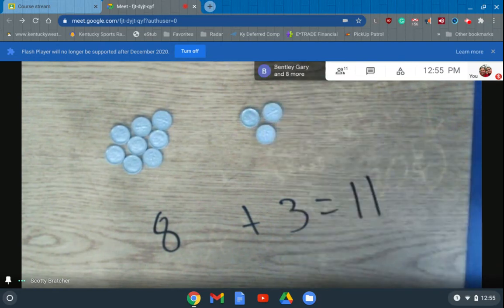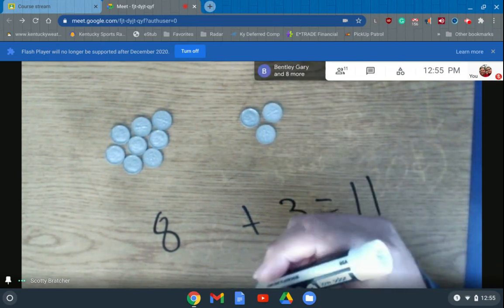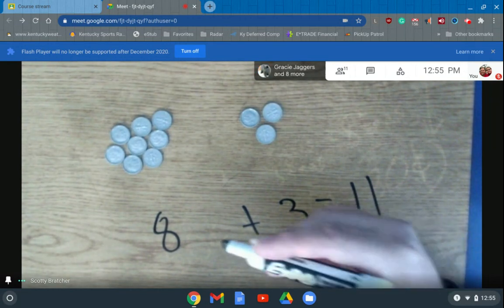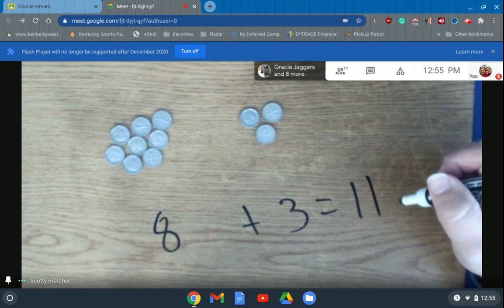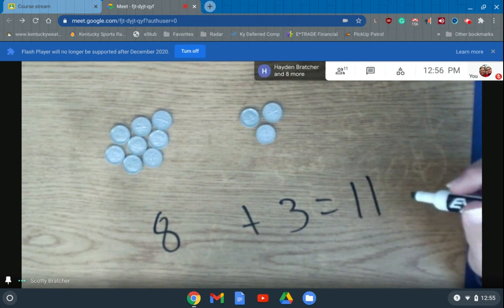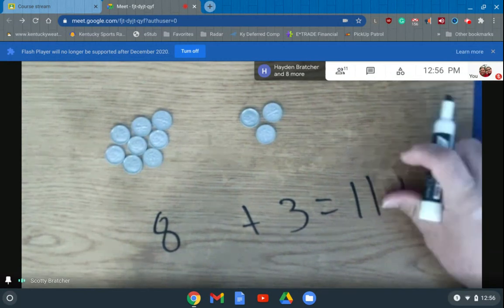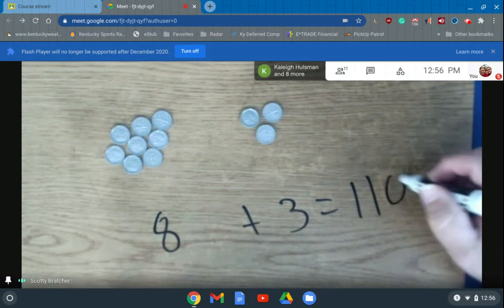80. If you know 8 plus 3, then you can just add a 0 to the 11, and then you have 110. Oh, so if 8 plus 3 equals 11, 8 plus 3 equals 110?